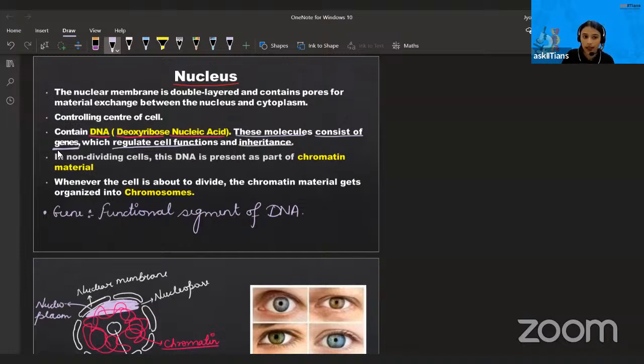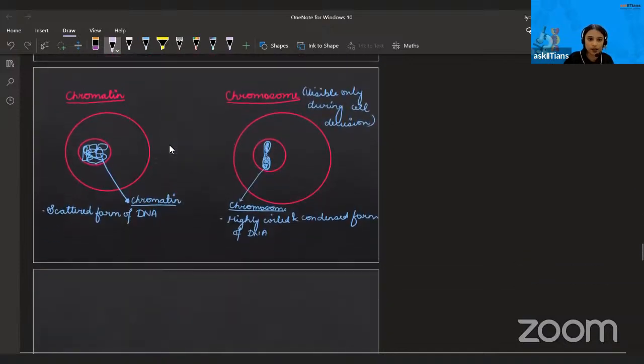And as I told you, in a non-dividing cell the DNA is present in a scattered form, that is your chromatin. And when the cell is about to divide, the chromatin material gets organized, or becomes condensed, into chromosome. So this is the difference.